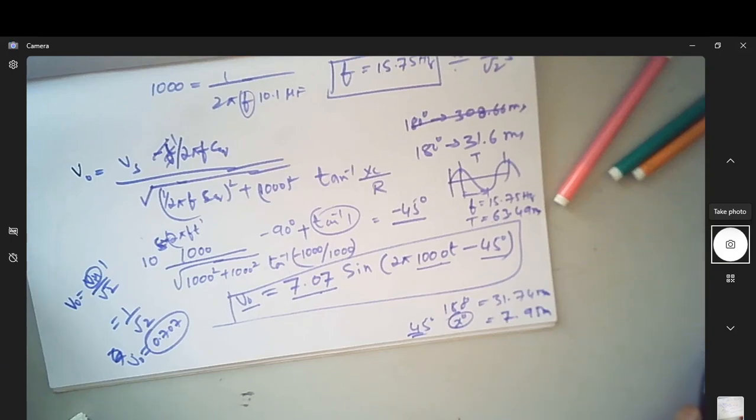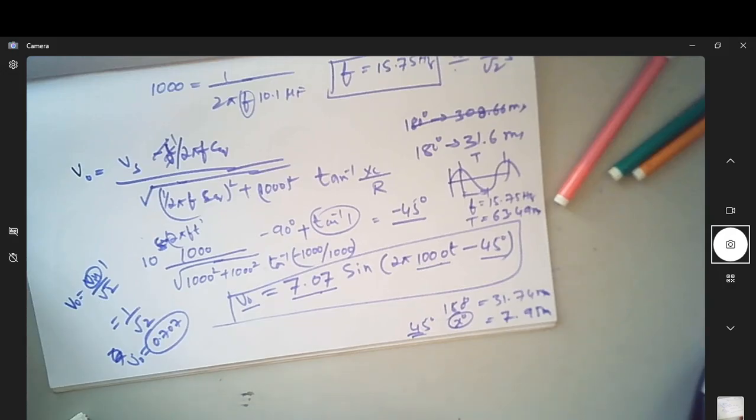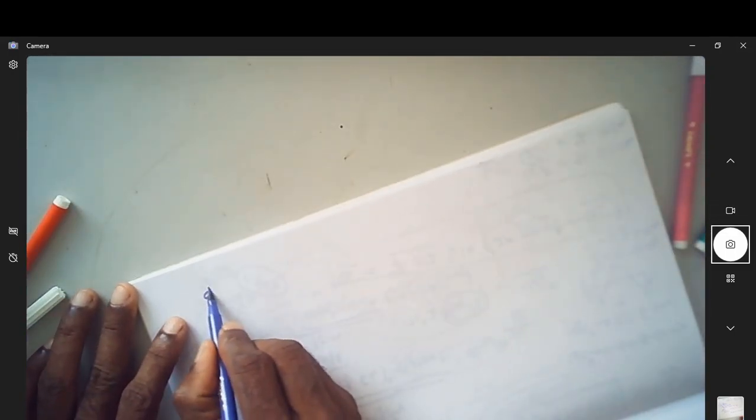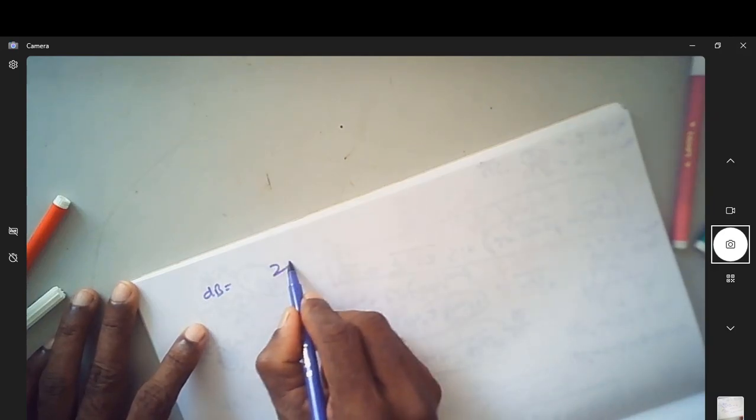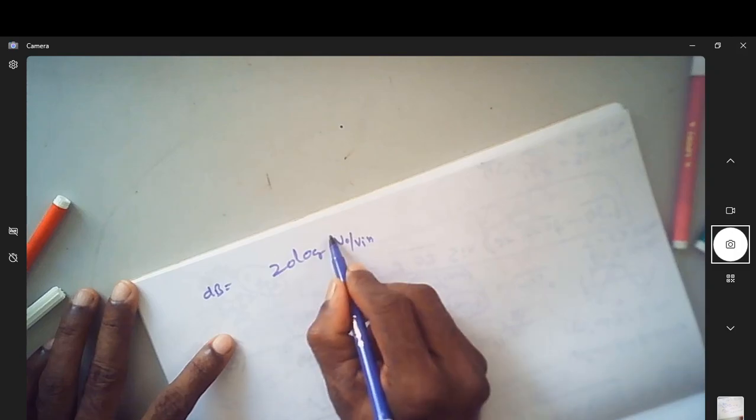If you carefully note this signal here, the y-axis is actually in terms of dBs. So what is this dB? It's actually decibels. In frequency analysis or in AC analysis, the dB is nothing but decibels, 20 log of V0 by Vin.